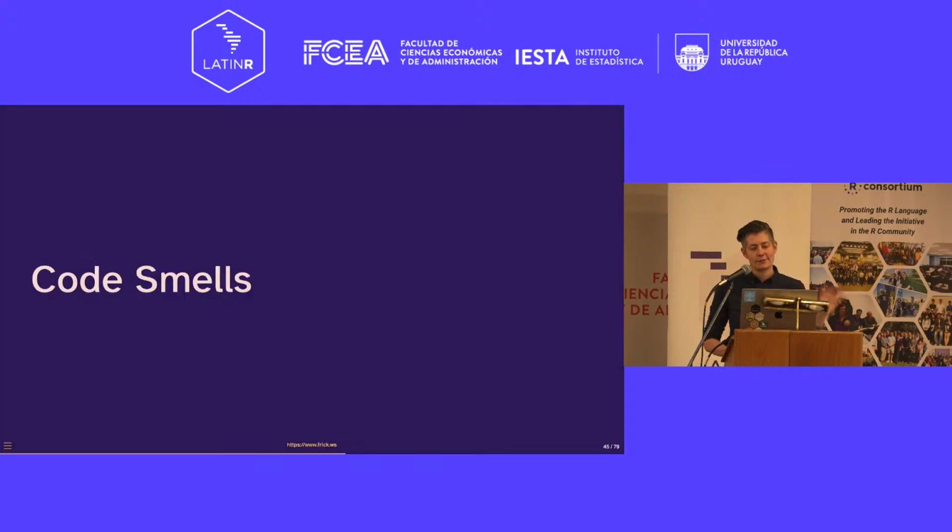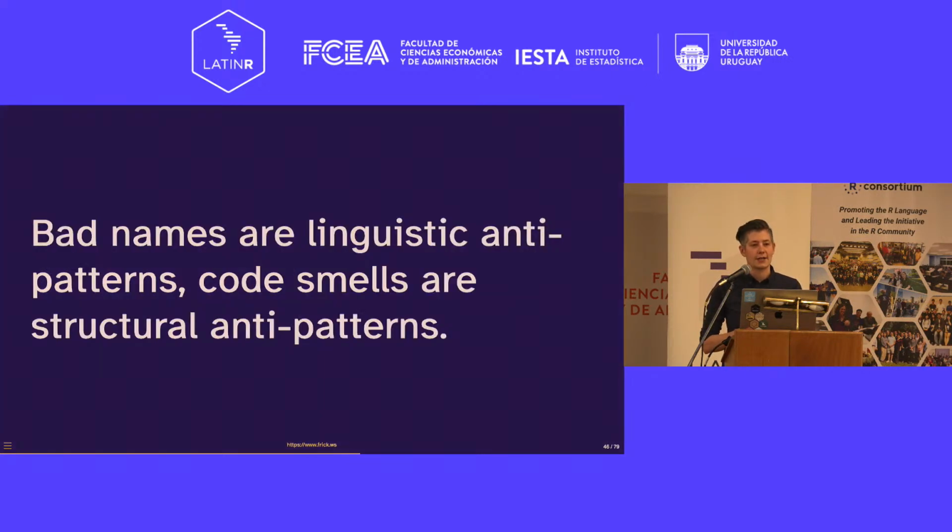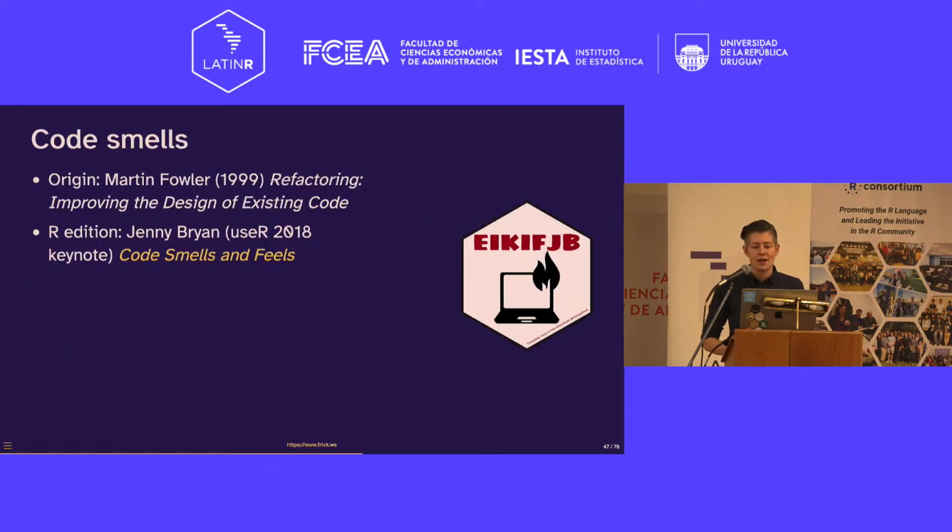So much on names. The other thing I'm bringing to the table is a thing called code smells. Bad names are basically linguistic anti-patterns, things you don't want to do. And the code smells are structural anti-patterns, ways you lay out your code that doesn't quite work well for you. The name originates in a book by Martin Fowler, Refactoring: Improving the Design of Existing Code.